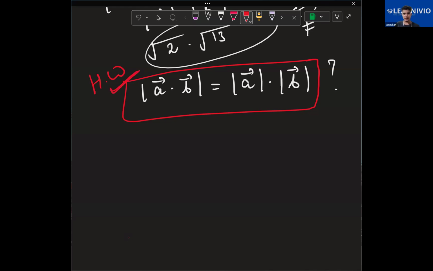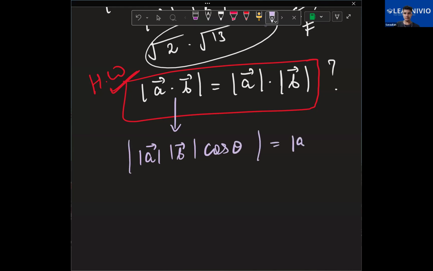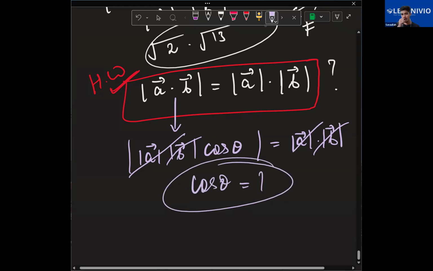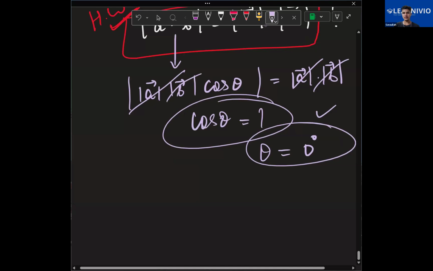This is simple algebra. Why are you confused? I told you, in this chapter you can use algebra normally. Cos theta is 1. When is cos theta 1? When theta is 0. 0. In 0 to pi.